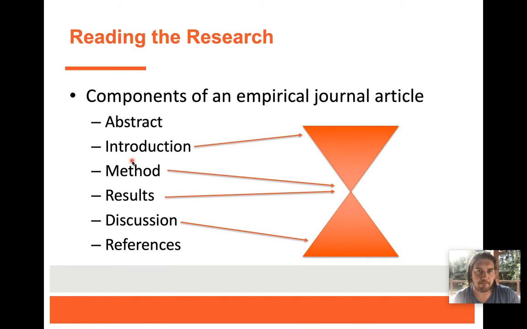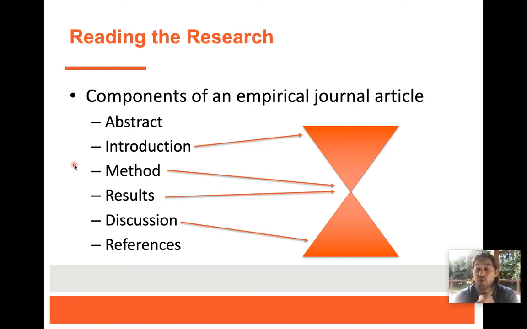Okay, let's talk about reading an empirical journal article. Empirical journal articles are written in APA style. APA style for empirical articles has very strict rules about the organization, titles, headings of different sections of the article, and what information goes in those sections.